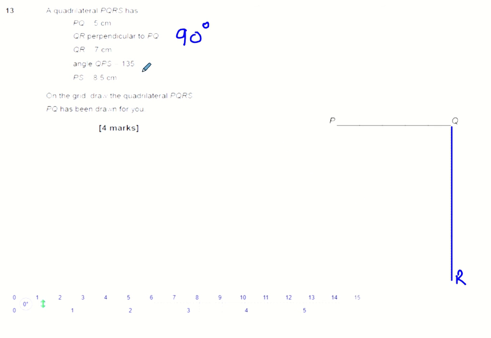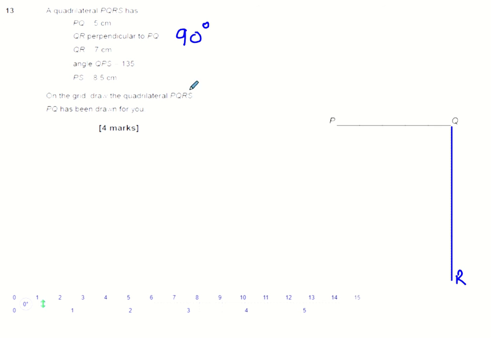Now we need an angle of 135 degrees to create the angle QPS. Now angle QPS is you basically starting at the point Q, moving to the point P, and then moving to an unknown point S that's somewhere else, and it will create this angle here. Now, that angle needs to be 135 degrees, and you can do it in one of two ways.